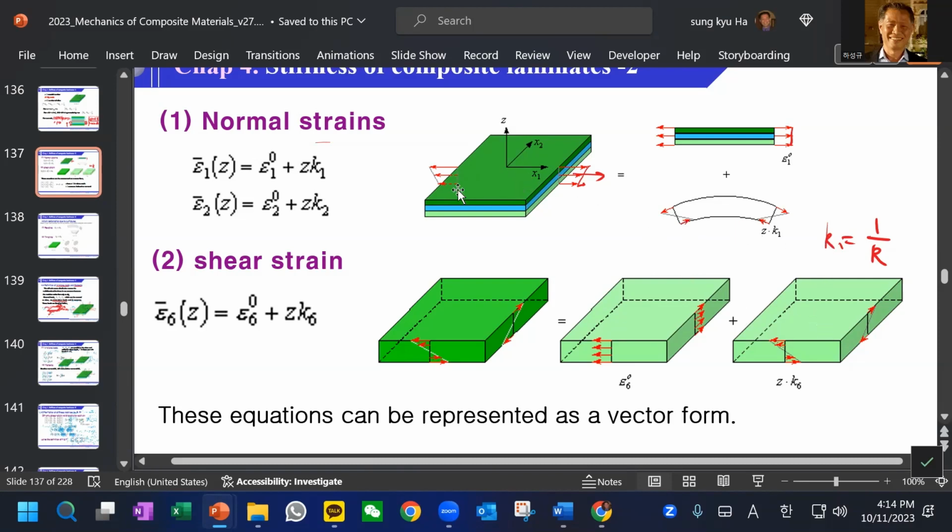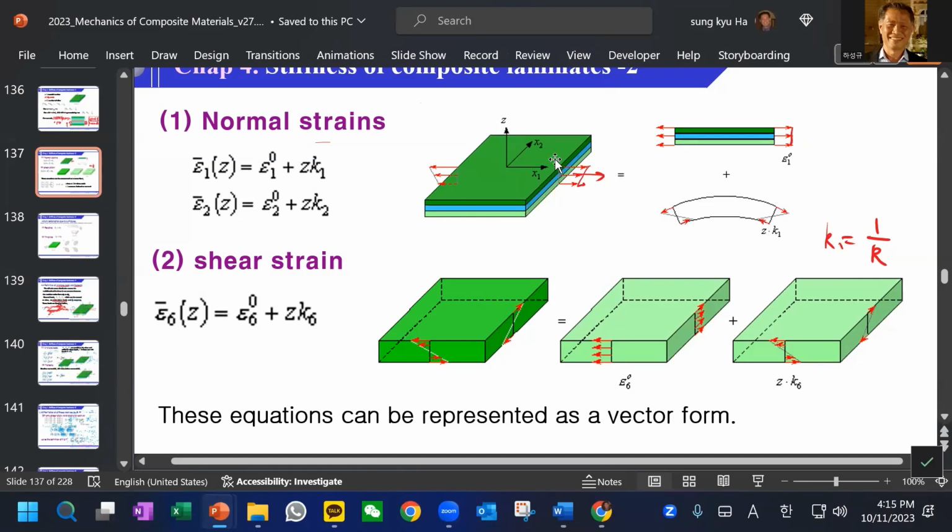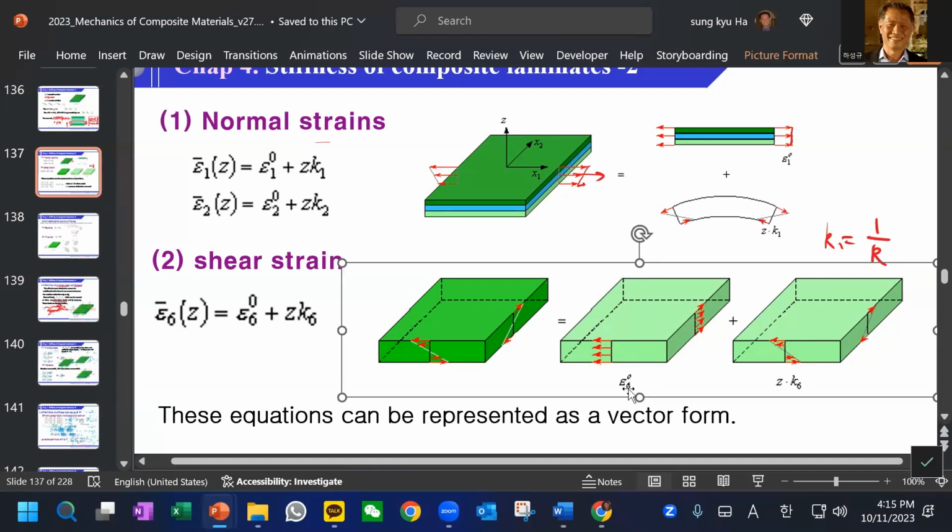Deform means that this laminate will have the same bending curvature. So the strain, in mathematics, we can say is the curvature times the thickness coordinate Z. So total deformation of a laminate, whether it's an extension or a bending, we can always say that it is a uniform strain plus a bending with the curvature and through the thickness Z.